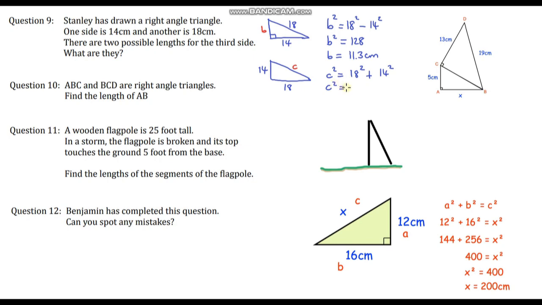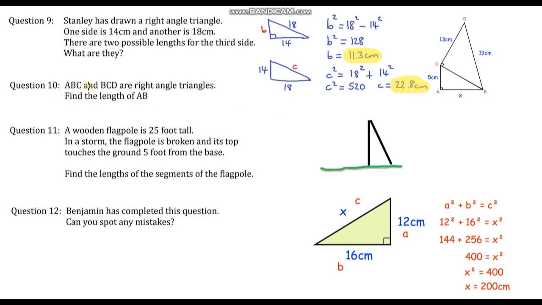So 18 squared plus 14 squared gives me 520. Therefore C is the square root of 520, which is 22.8 centimetres. So these here are our two answers.